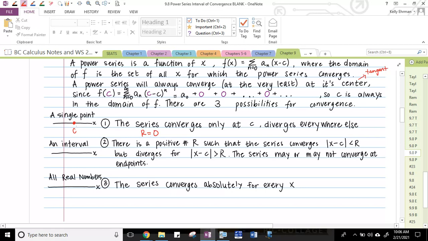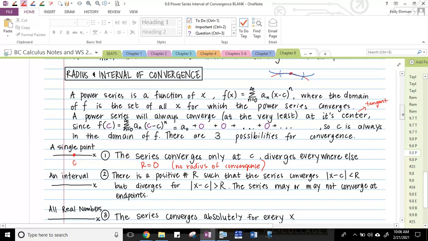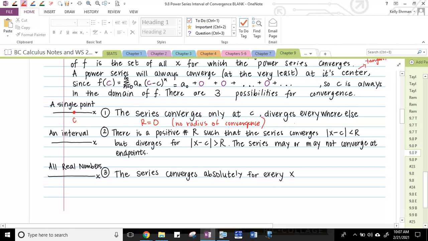There is a 0 radius of convergence. That means if we're asked for an interval of convergence, there's not really an interval either. It's not like x can be between this and this. The interval is just x equals c. It converges at c.